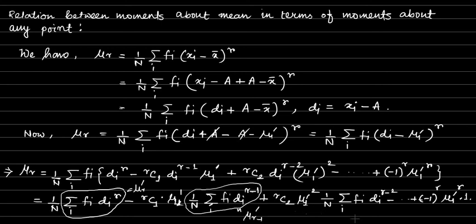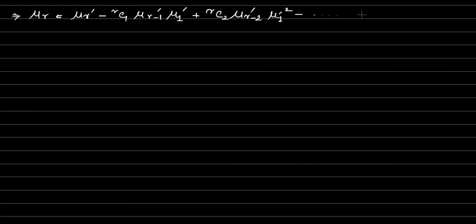So we will now substitute these values. Therefore mu r is equal to mu r dash minus rC1 mu r minus 1 dash mu1 dash plus rC2 mu r minus 2 dash mu1 dash square minus, continuing in this way, the last term is (minus 1) whole to the power r mu1 dash to the power r.